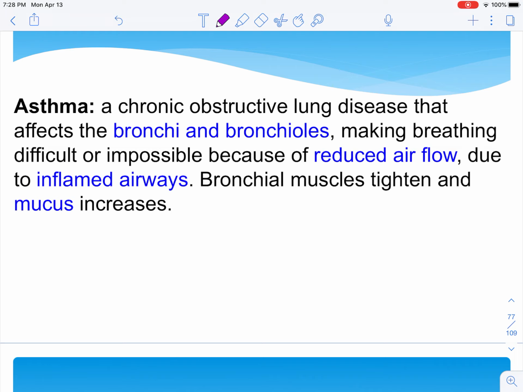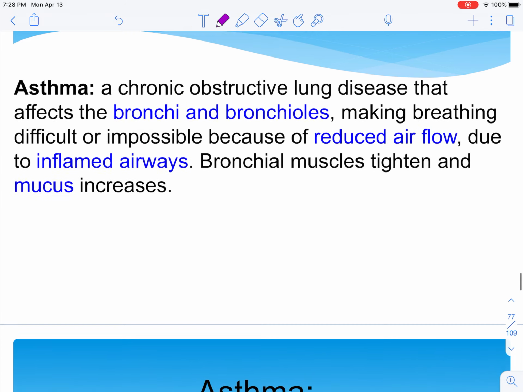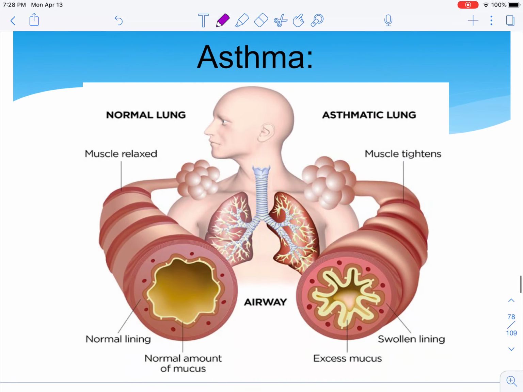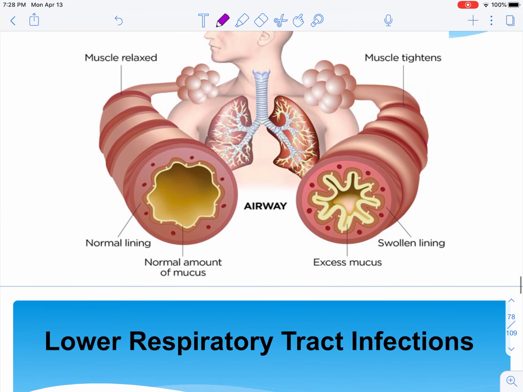And this is where some people recognize these triggers and carry a puffer so that they can open up their airways should they have an episode of asthma, an asthma attack.